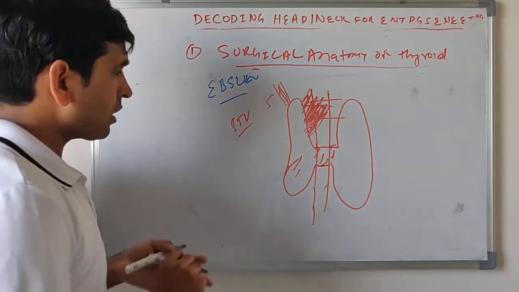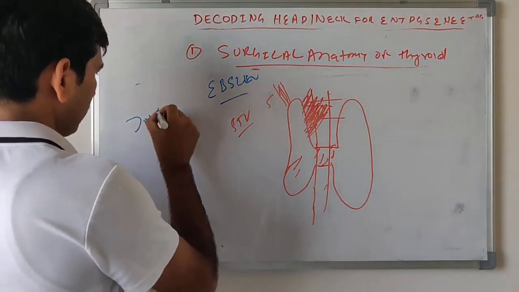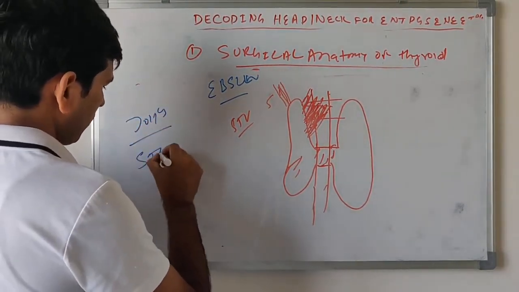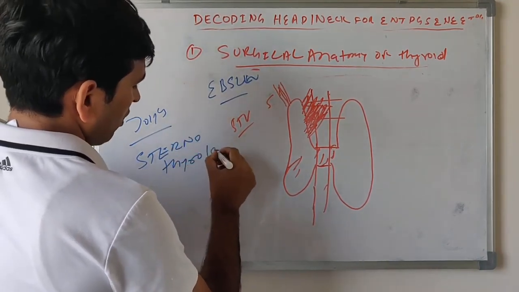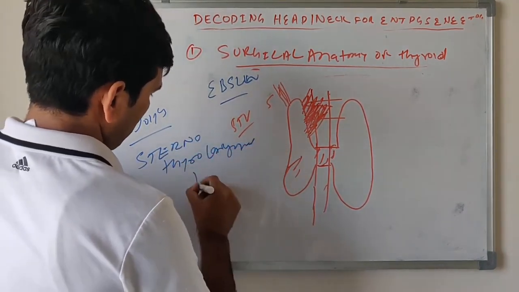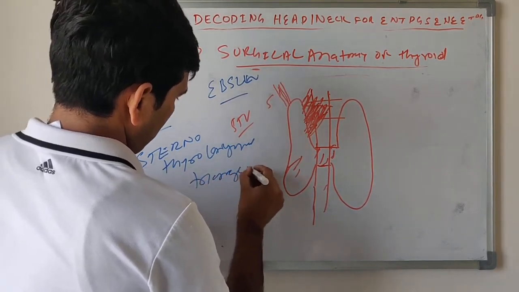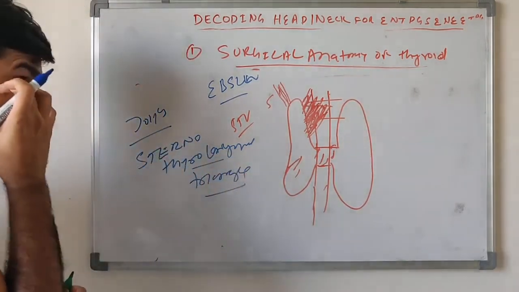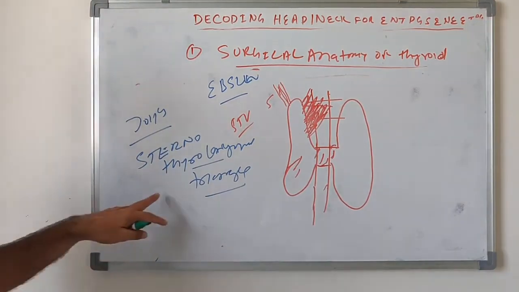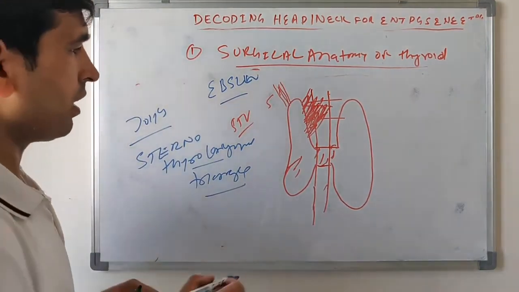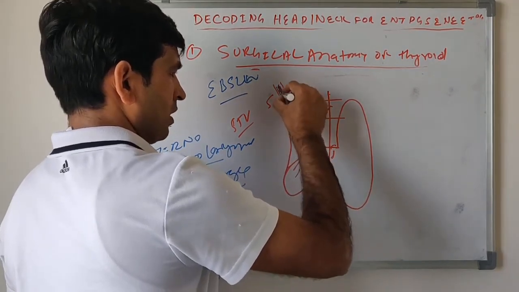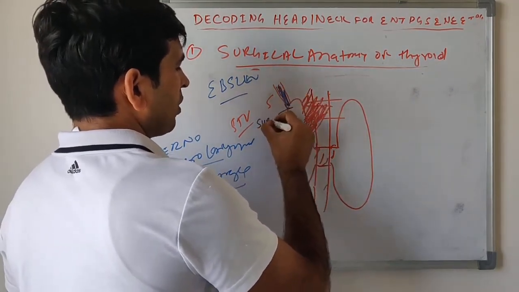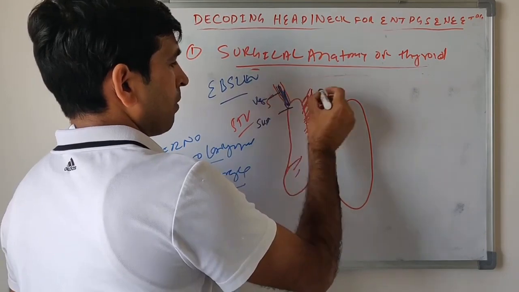The Jaw's triangle is also called the sternothyrolaryngeal triangle. Its lateral boundary is formed by the superior pole and vessels.